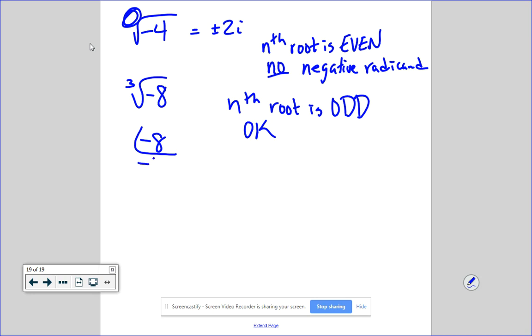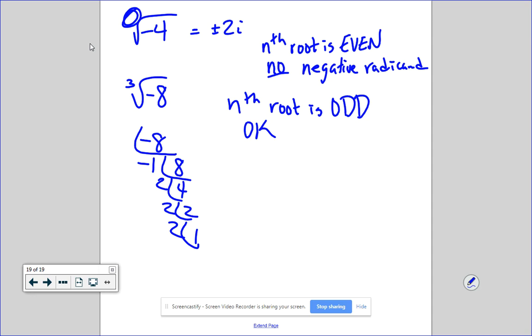First thing I pull out is the negative. Radicand, yes. Radicand just means the number under the radical. All right, what goes in 8? 2 and 4, 2 and 2, 2 and 1.